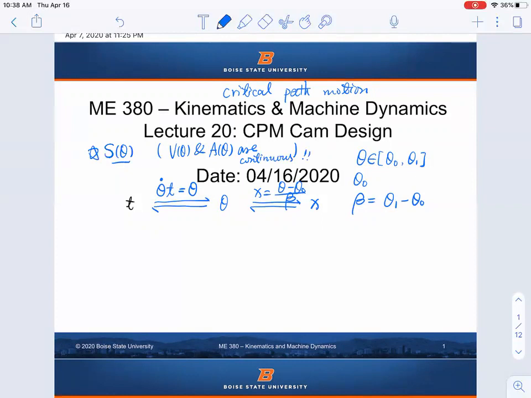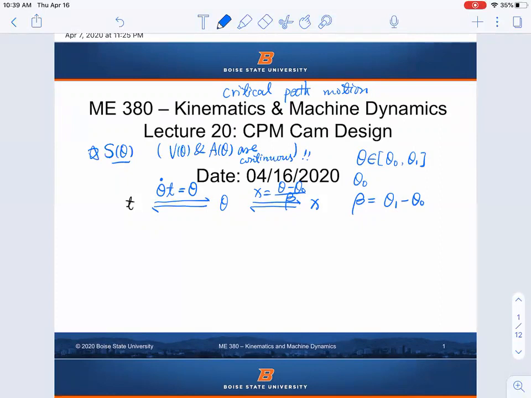That's our design requirement. We want to find the S theta under the conditions that V theta and A theta are continuous. That's a strict one. In practice, you might see other design requirements, such as minimizing the amplitude of A theta, but that's for optimization, and then you need fmincon or MATLAB or other software to optimize. But right now, we just focus on one single design requirement.